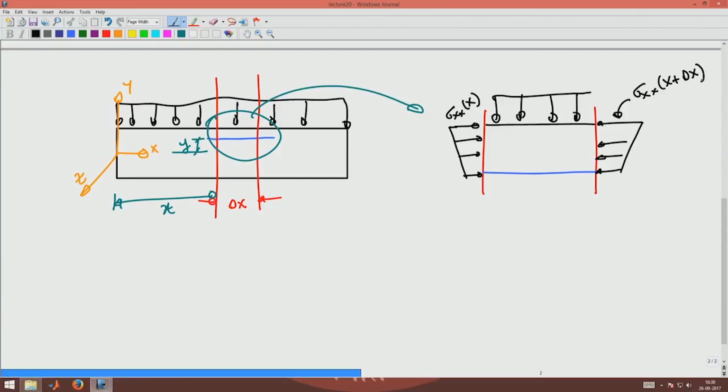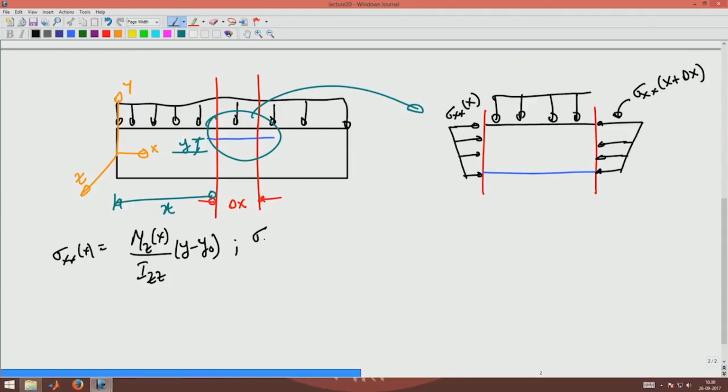Okay. The magnitudes of sigma xx at x and x plus delta x won't be the same, because the bending moment is varying along the length of the beam. Therefore, sigma xx at x, from our bending equation, will be Mz at x by Izz into y minus y naught. Okay.